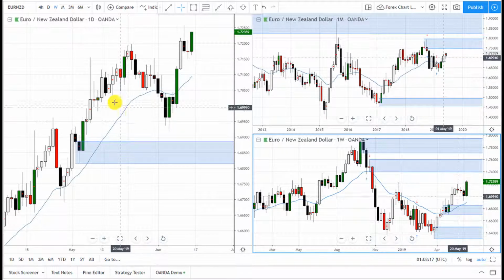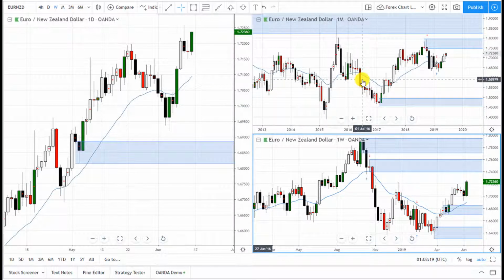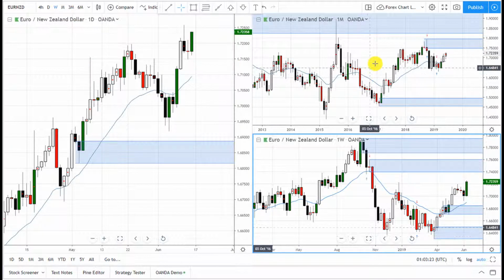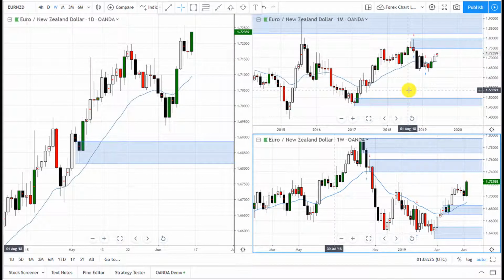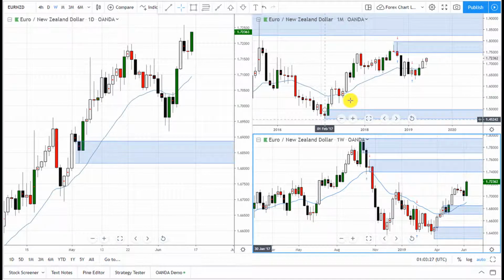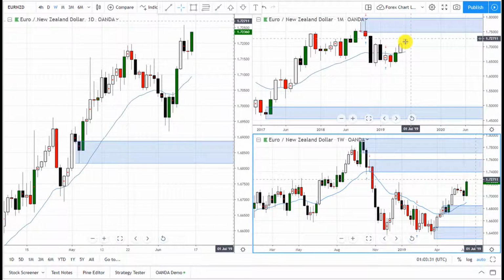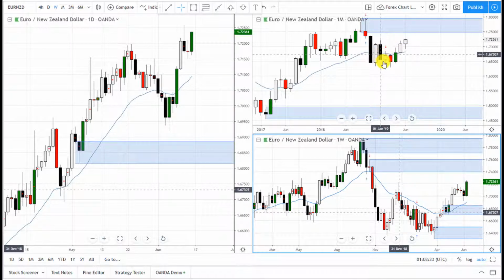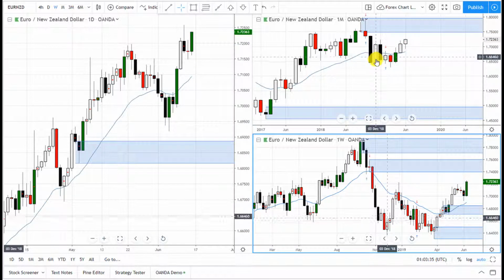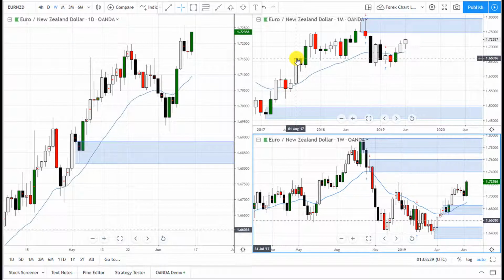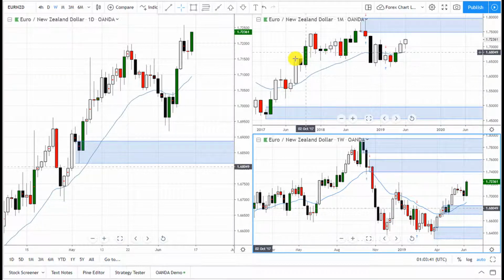Okay, so let's start on the monthly. We can see that there's a supply zone here and price is going to reach it, but before that it dropped and then it found some support or demand. Might be this demand zone here.